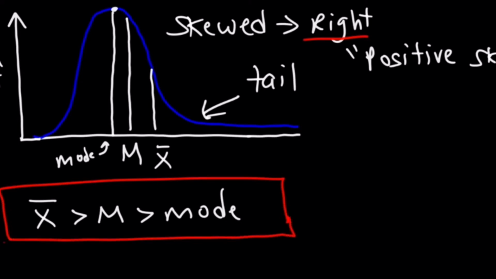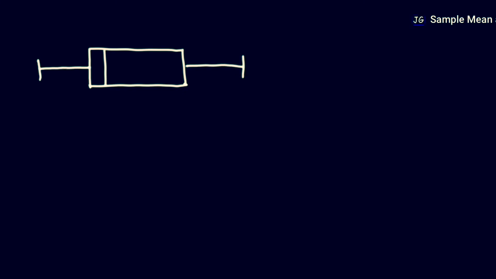So in the distribution that we call skew to the right, now we want to study the box plot. One of the possibilities of the box plot is like this. You notice that the whiskers are equal length, but you look at the box, the line there to the right is longer compared to the left, the red line.